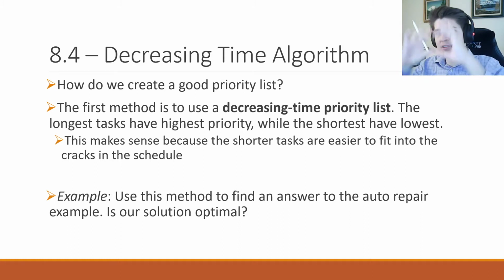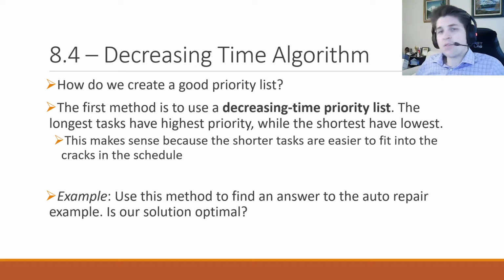The biggest blocks are the hardest to work together because they're kind of in the way. So if we can get those done first, it gives us more space to fit the smaller blocks in later. And that's the idea of why this works.